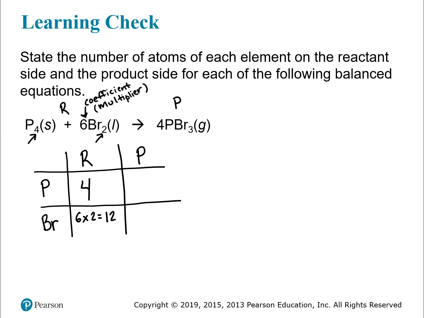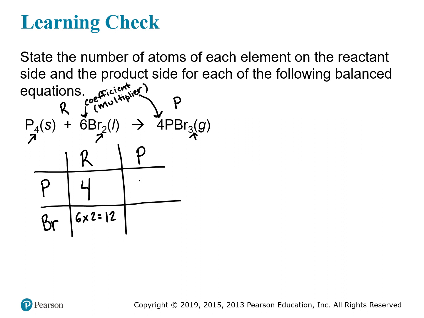Now we go over to the product side. We've got a 4 in front, which is a coefficient. And then we've got a subscript of 3 for the bromine. That subscript is only for the bromine.